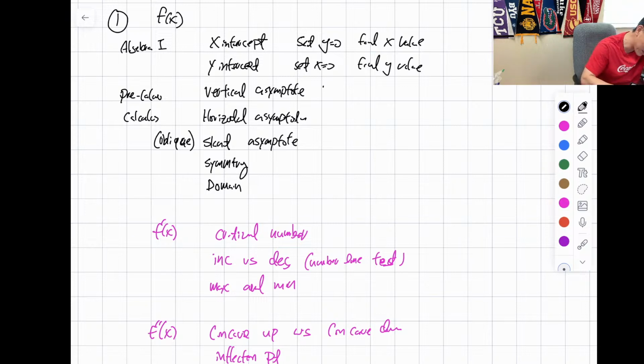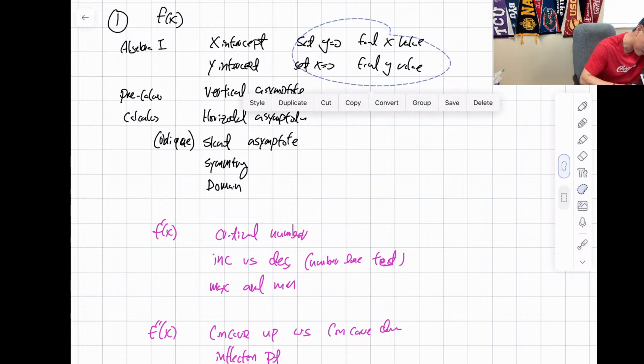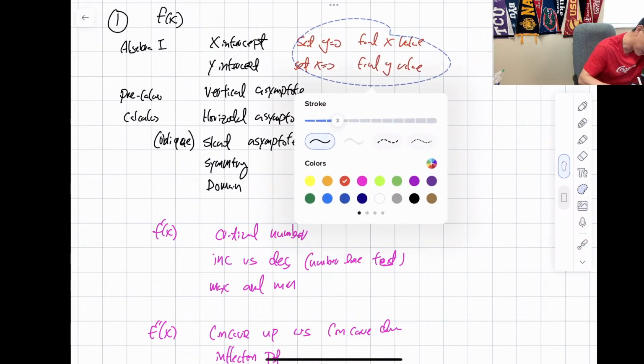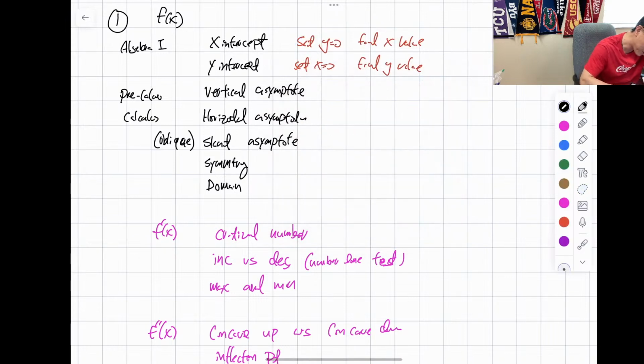Vertical asymptote: set the denominator equal to 0.